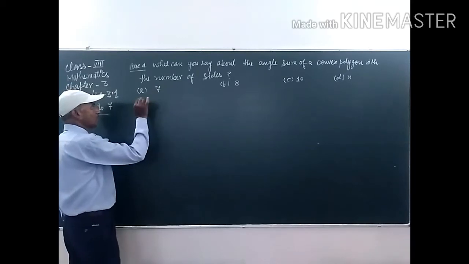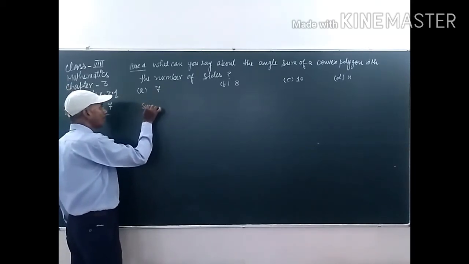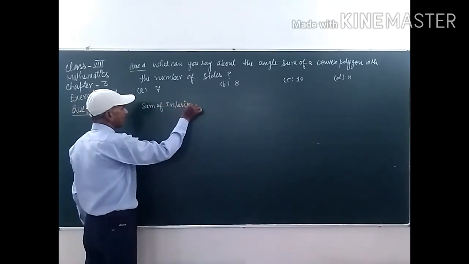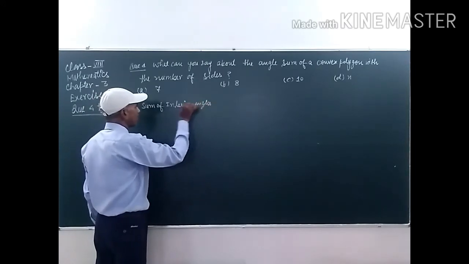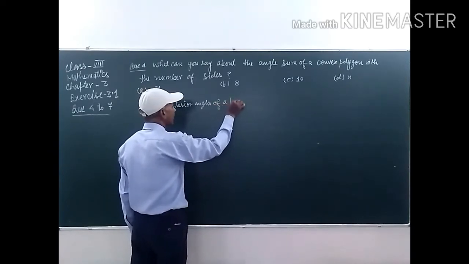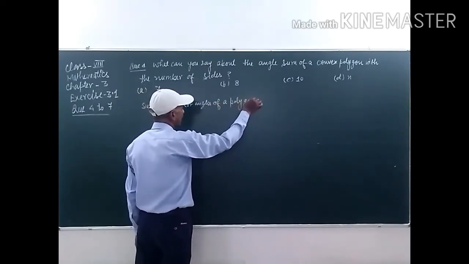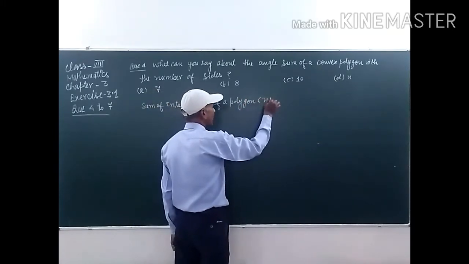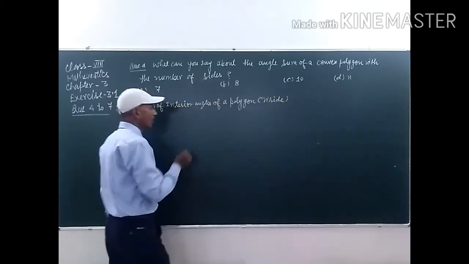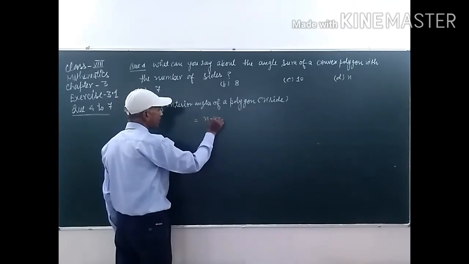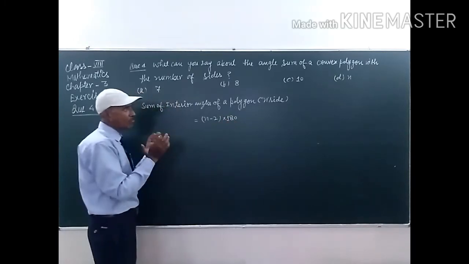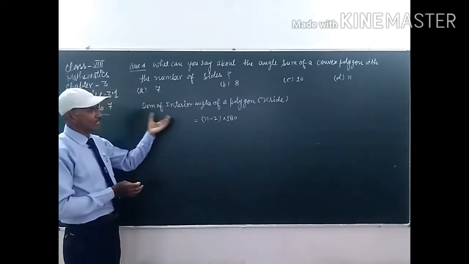So the formula is, students, the sum of interior angles of a polygon that is n-sided. n means number of sides, students. The sum is equal to n minus 2 into 180. From that particular table we have found this formula, students.